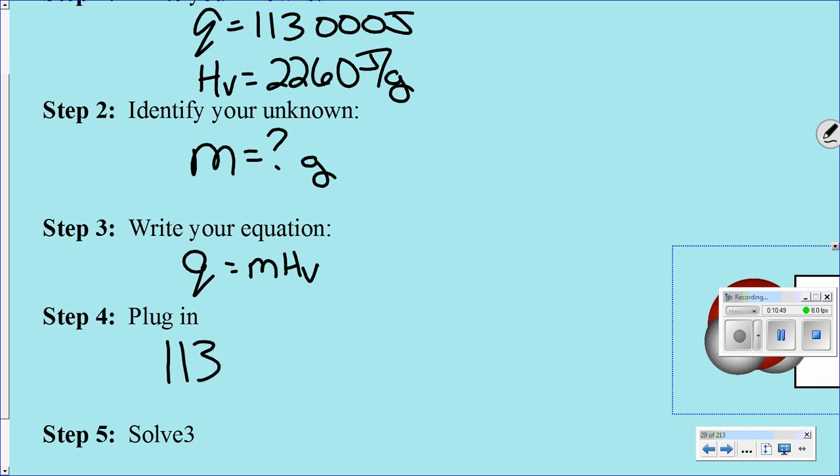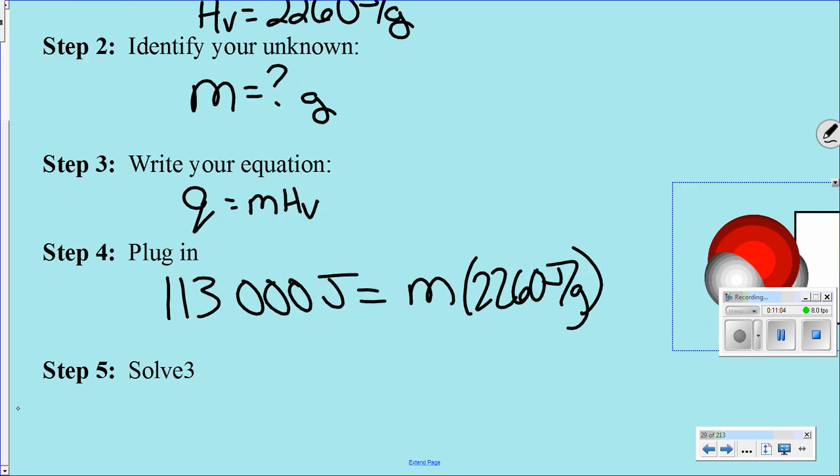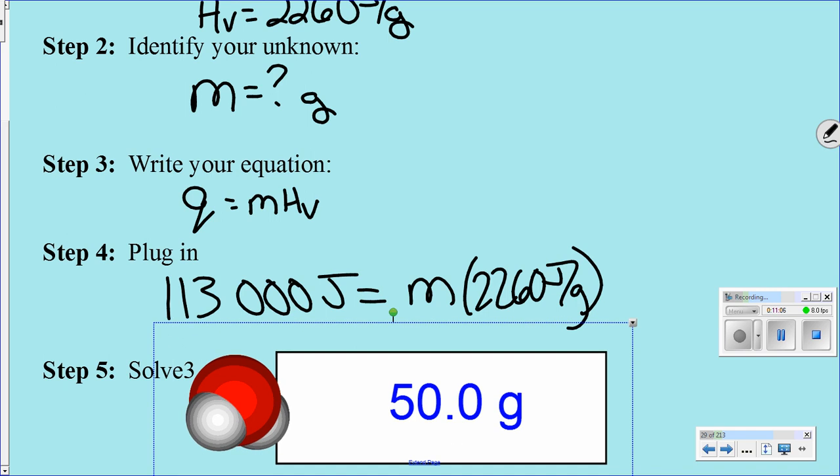So we plug in this time, put our joules in for Q. Mass is unknown. And then we're going to go ahead and solve by dividing this time to get 50 grams.